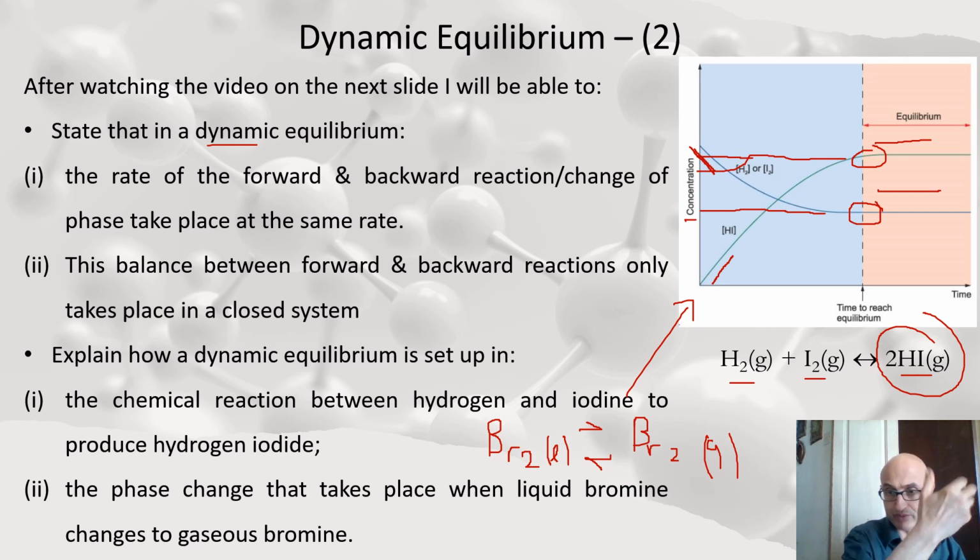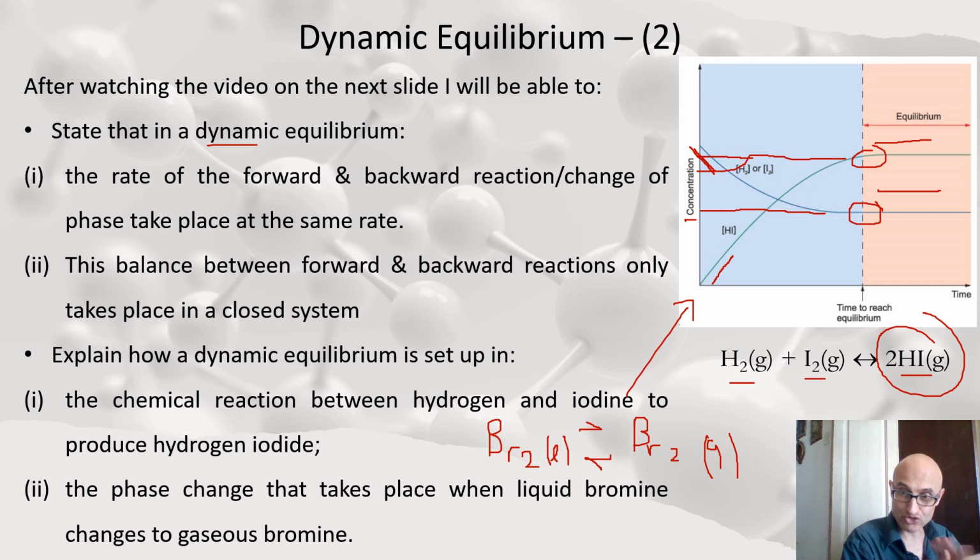So, if for example you have 100 bromine liquid particles forming bromine gas, they are exactly cancelled out by 100 bromine gas particles reforming bromine liquid. The equation is still going on, the chemical reaction, the phase change. The phase change is still happening in both directions.